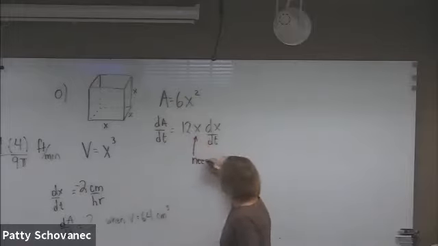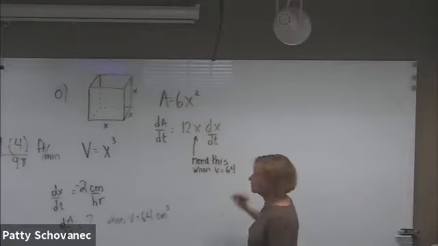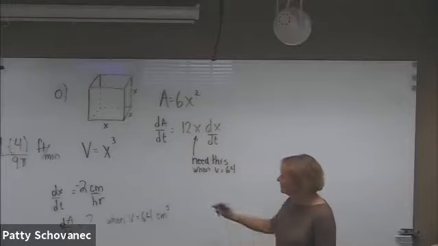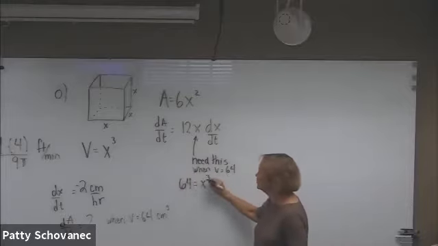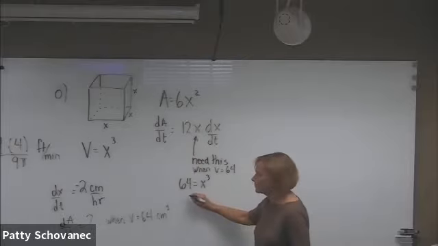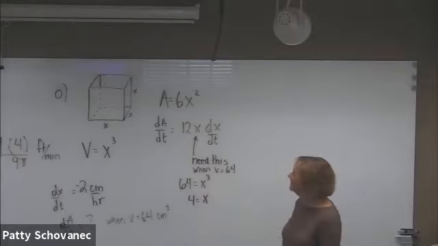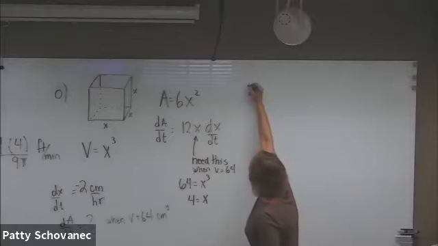So we need this when volume is 64. So what's the 1,000? Nothing. So we have 64 is x cubed. What number do you cube to get 64? 4. Now we can fill everything in. dA/dt is what we're looking for.